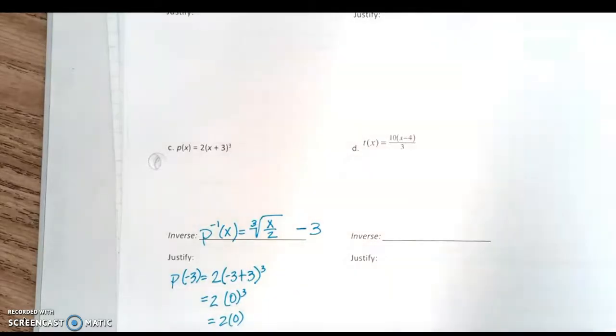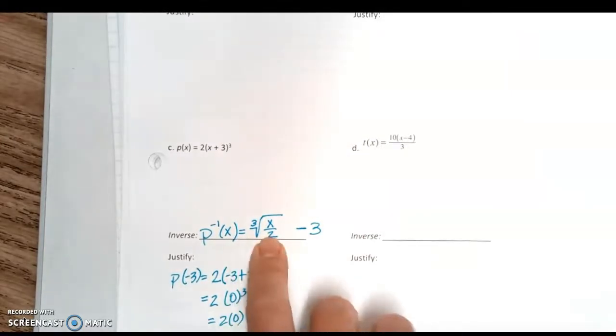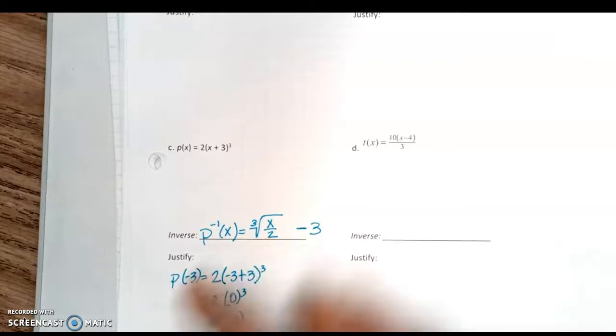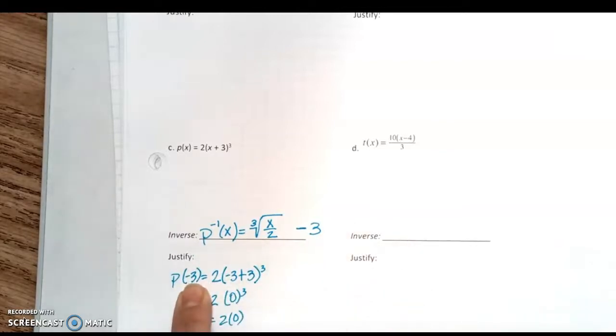But you can pick whatever number you want to plug into your other 3 different functions, okay? Now we should be able to plug 0 into the inverse function, and we should get out -3, right?